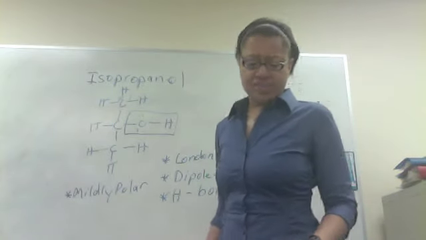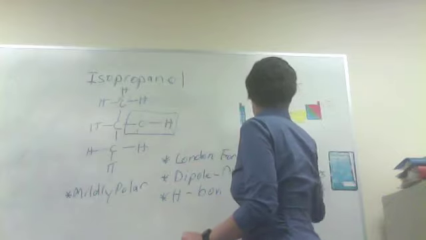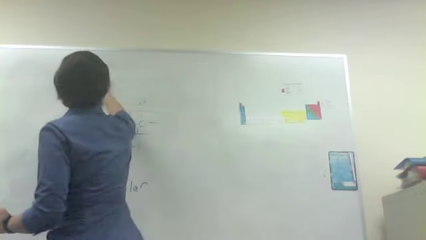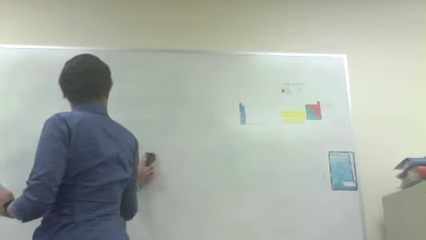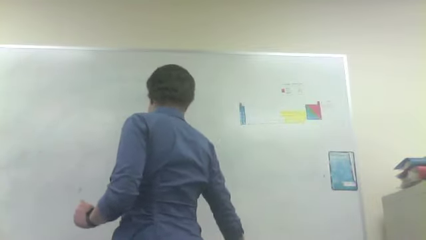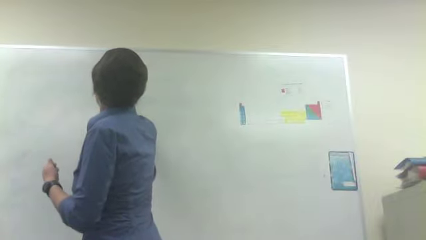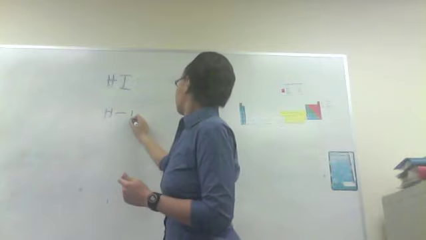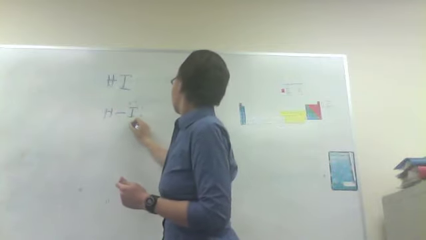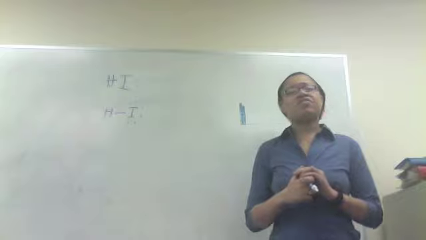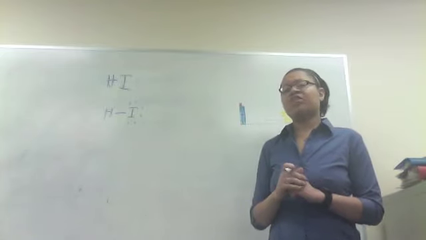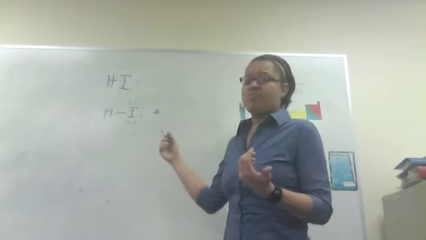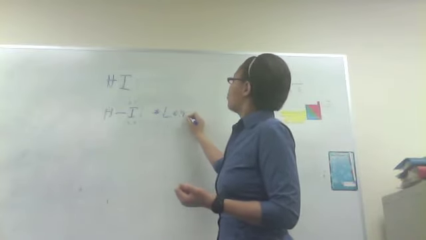Okay, our next example is hydrogen iodide, or HI. Very simple Lewis structure. So we're going to identify the intermolecular forces in hydrogen iodide. Of course, all molecules have London forces.